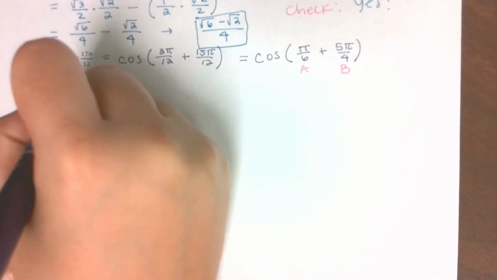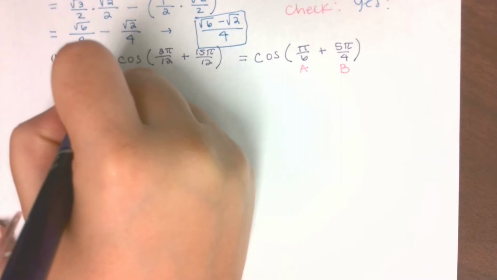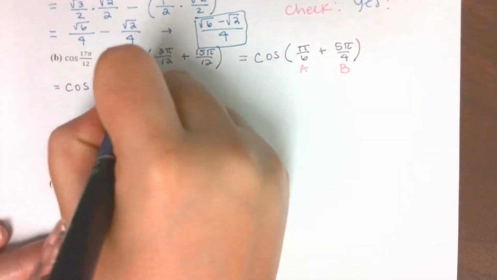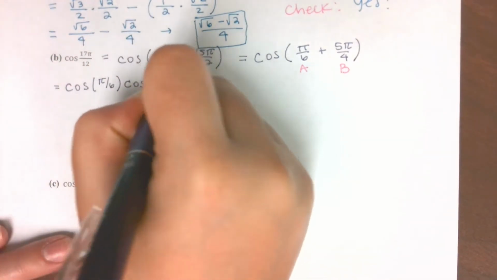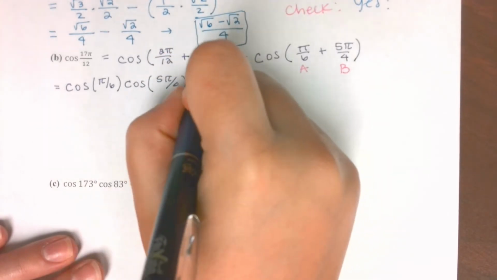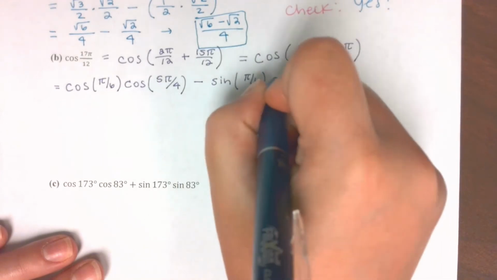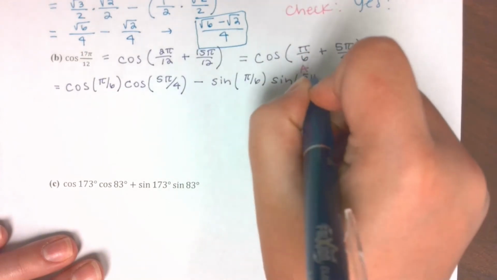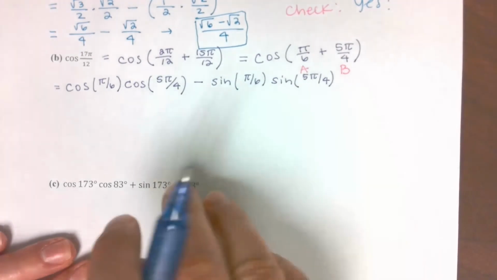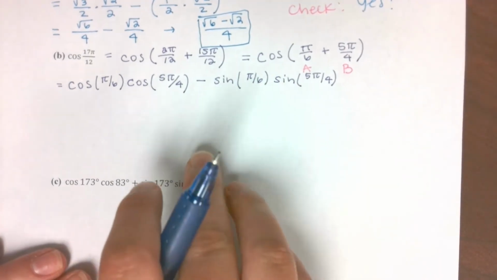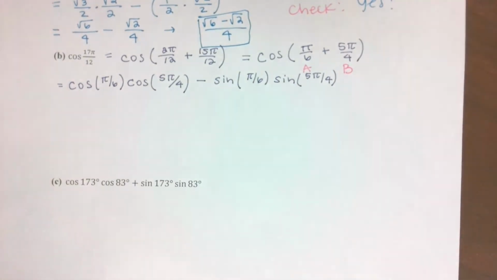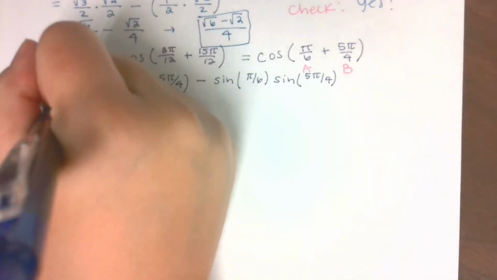So we have cosine of pi over 6 times cosine of 5 pi over 4 minus sine of pi over 6 times sine of 5 pi over 4. Okay, and we don't need to use even or odd identities for this case because all of our arguments are positive. So now we can just go ahead and plug in the values for each of our functions.